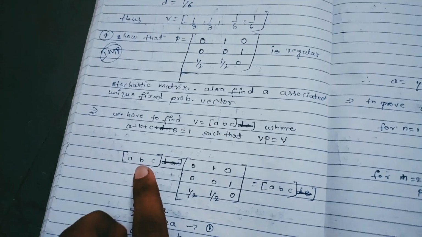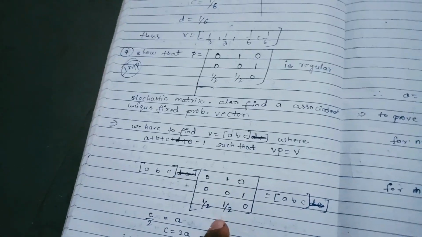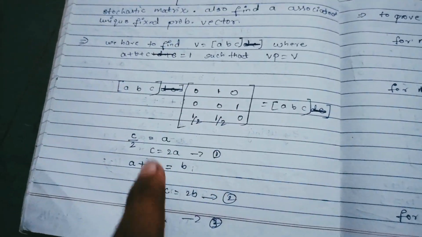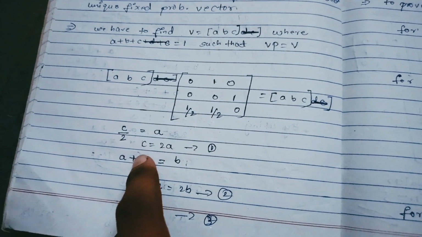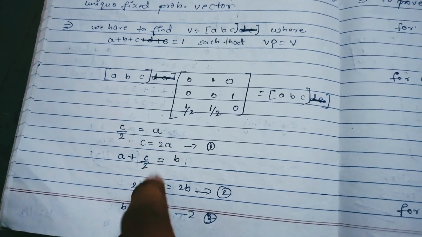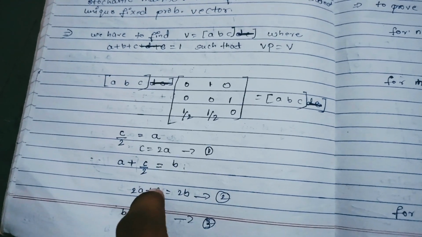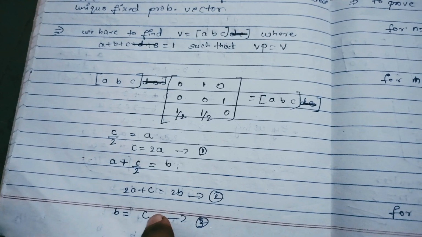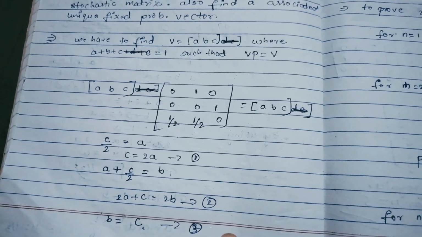Solving for a, b, c with a plus b plus c equal to 1, we get c by 2 is equal to a, so c is equal to 2a, equation number 1. Then a plus c by 2 is equal to b, so 2a plus c is equal to 2b, equation number 2. Then b is equal to c, equation number 3.